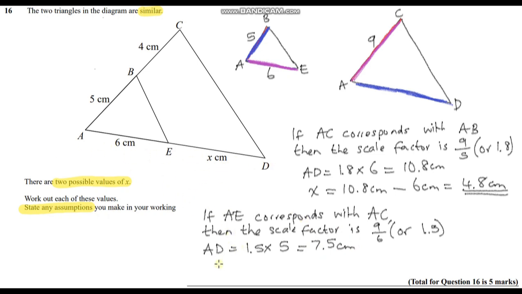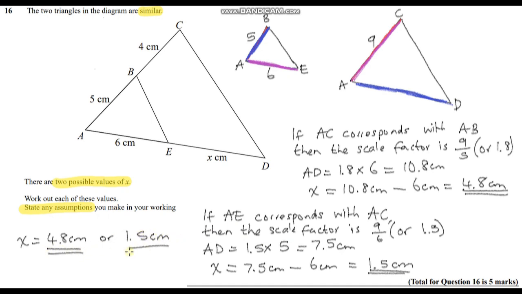To work out X, X is just going to be 7.5 centimeters minus 6 centimeters, which gives us 1.5 centimeters. So the two possible values for X: X is equal to 4.8 centimeters or 1.5 centimeters. These are our two possible answers.